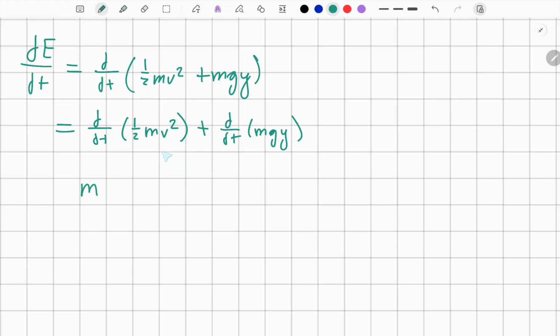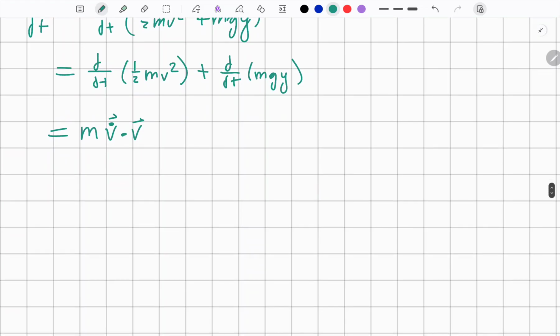We're going to end up with m v-dot, so that's actually going to be our acceleration, which we'll find out in a minute is g, dotted with v, if we're leaving them in any sort of vector form here.